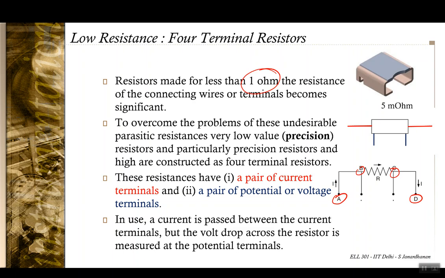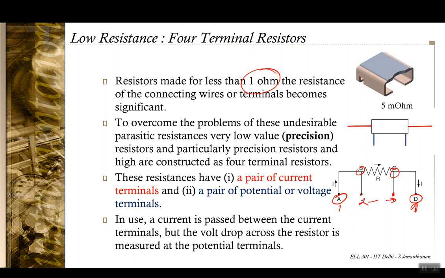The main current that is passing through the resistor is fed between A and D, and any voltage that is being measured is measured across B and C. So typically when you are connecting a larger resistance, you connect the large resistance across these 2 terminals.